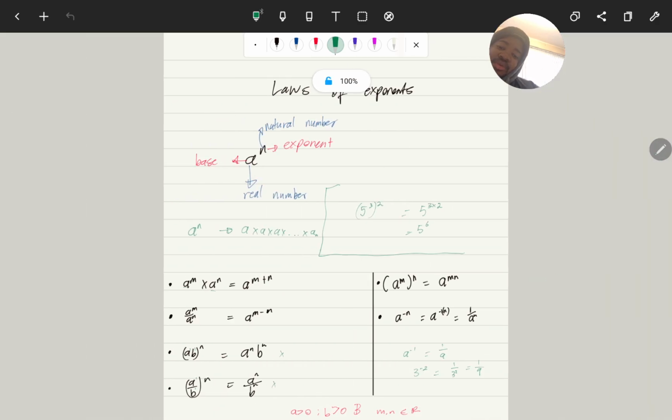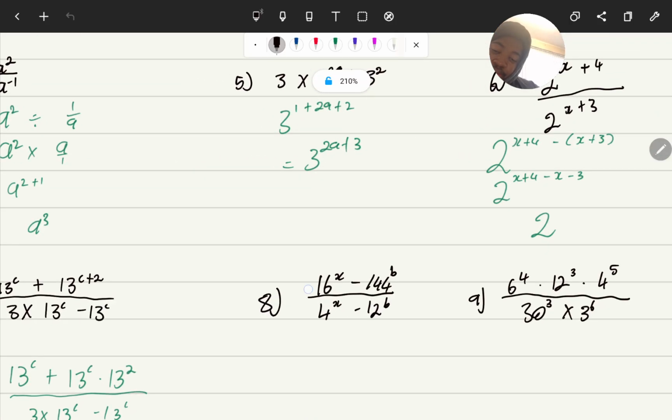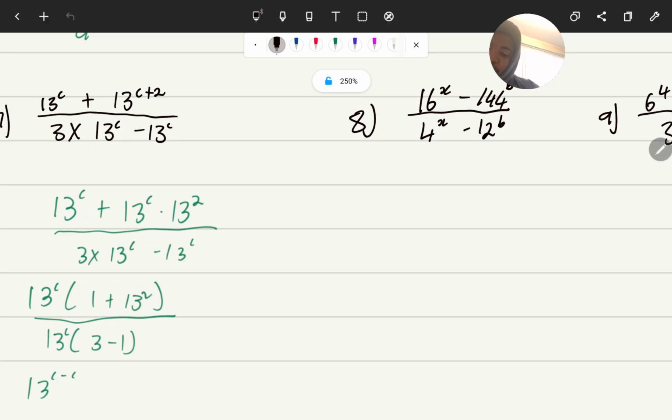Oh, there is one other important rule that I left. This rule says anything to the power of 0 is 1. So a to the power of 0 is 1. So here you're going to have 13 squared. 13 times 13, we're going to have 1, and then 6, and then 9.